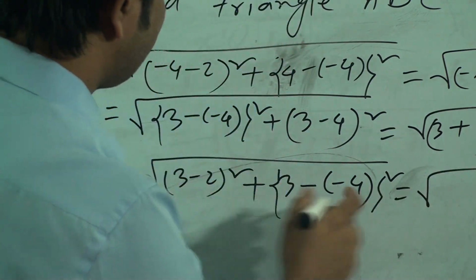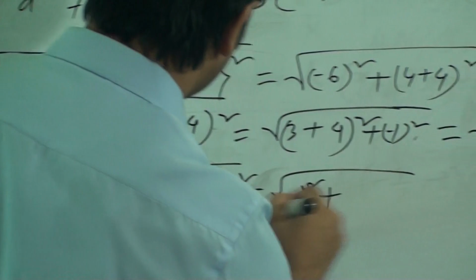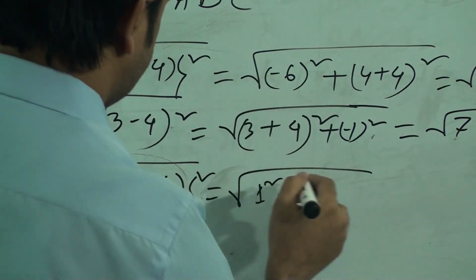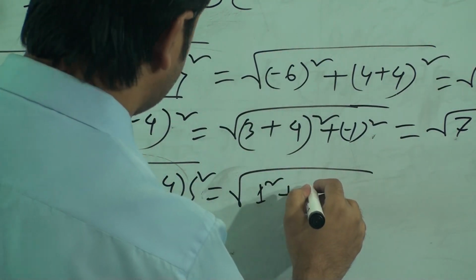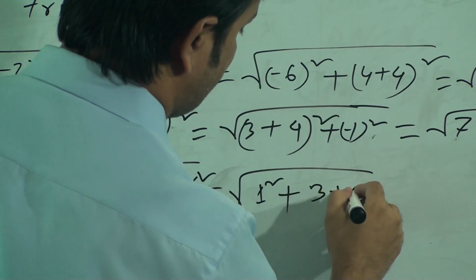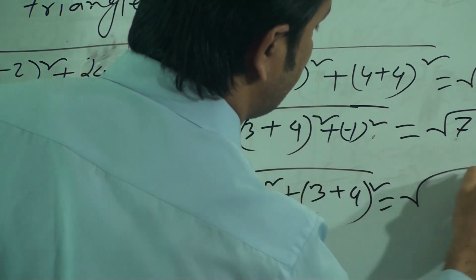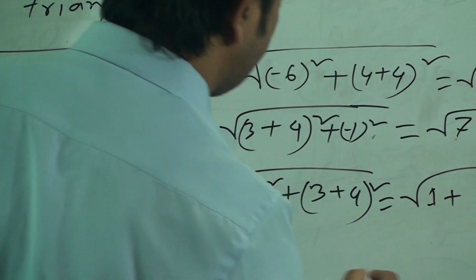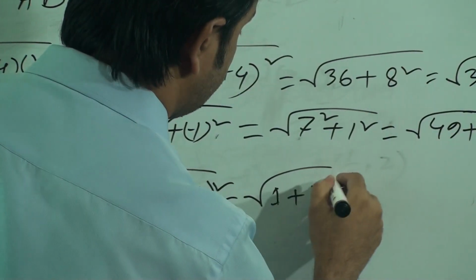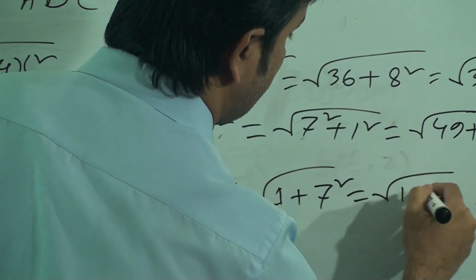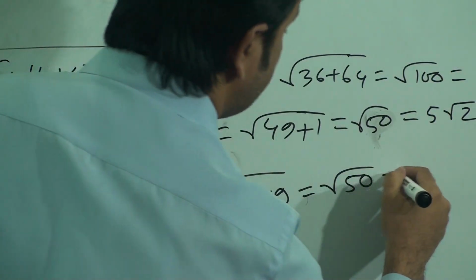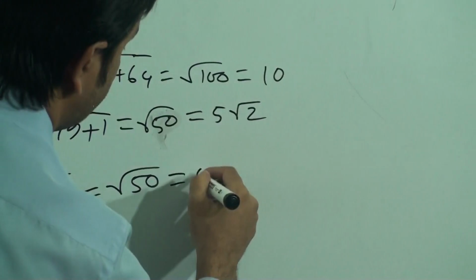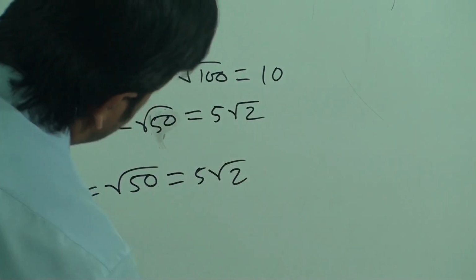Then 3 minus 2 is 1 square plus 3 plus 4 whole square, that is 1 square plus 7 square, that is 1 plus 49, which equals 50. Now square root of 50 means 5 root 2.